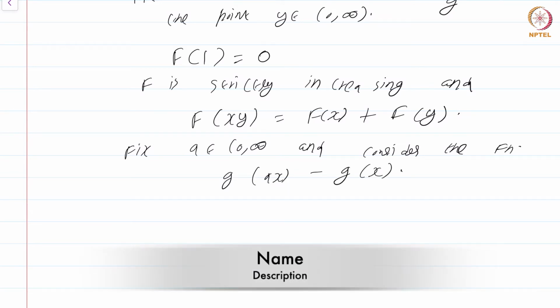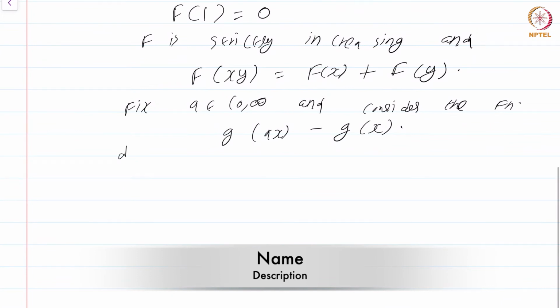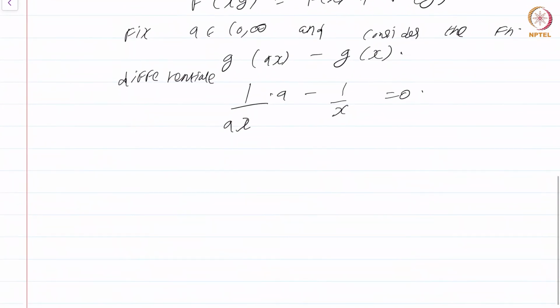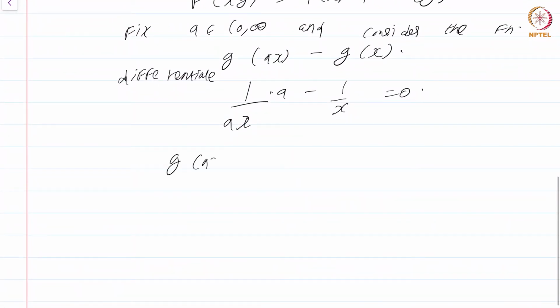Consider this new function. Differentiate this function. Well, by chain rule you will just get 1 by ax into a minus 1 by x, which is 0. This just means that g of ax minus g of x is just some constant.